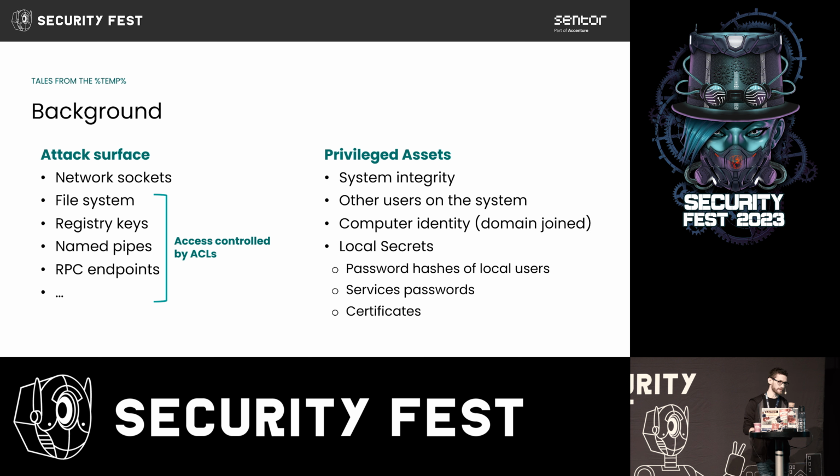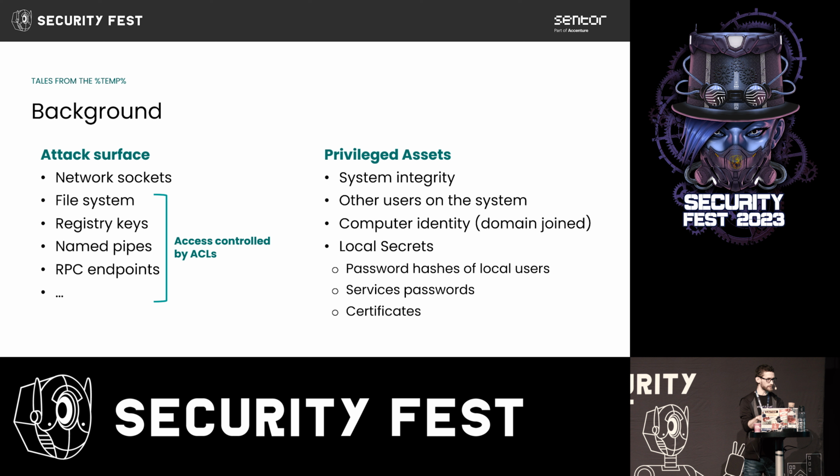The computer identity is interesting if you're in a domain-joined environment. And there are also local secrets, like the local password hashes, service passwords, if you run a service as a domain user, for example, and also private keys for any certificates on there. So this is what the attacker would use a privilege escalation bug to obtain.